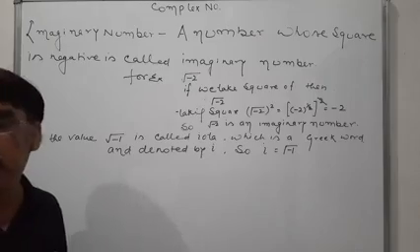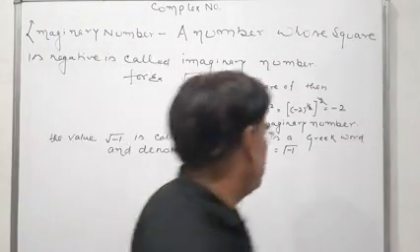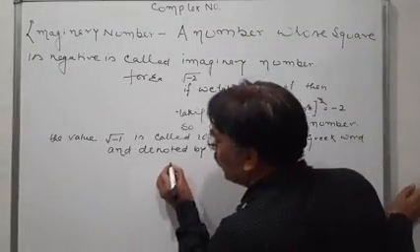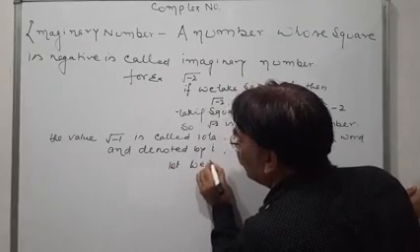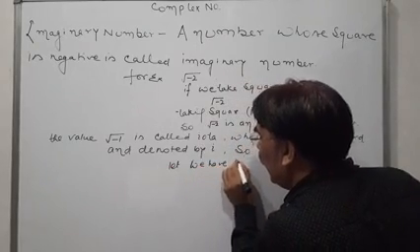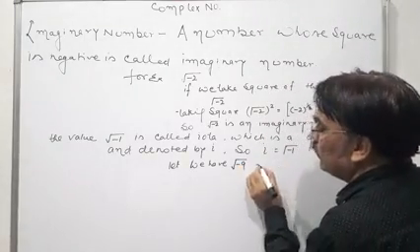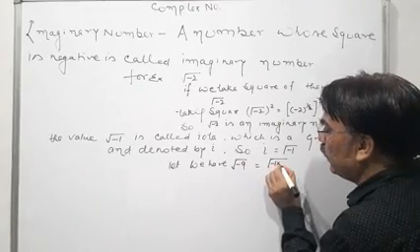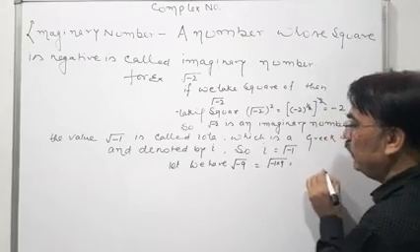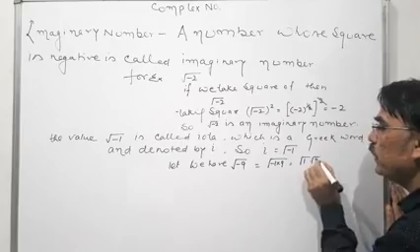Now we are going to discuss how to use it. Let we have under root minus 9. Then we write it as under root minus 1 into 9, which is equal to under root minus 1 into under root 9.